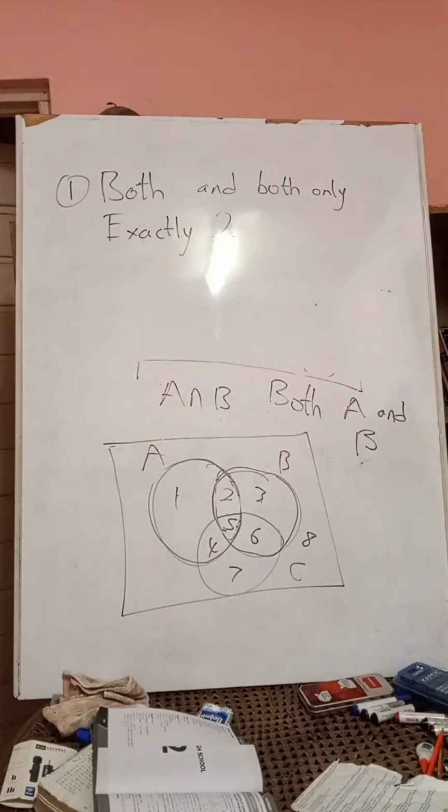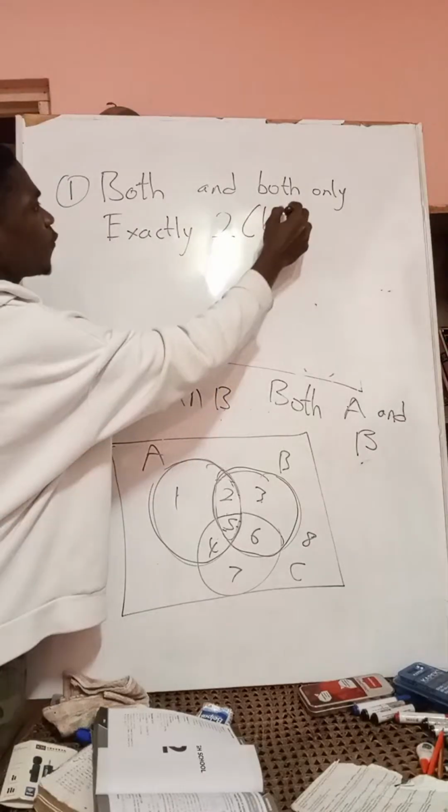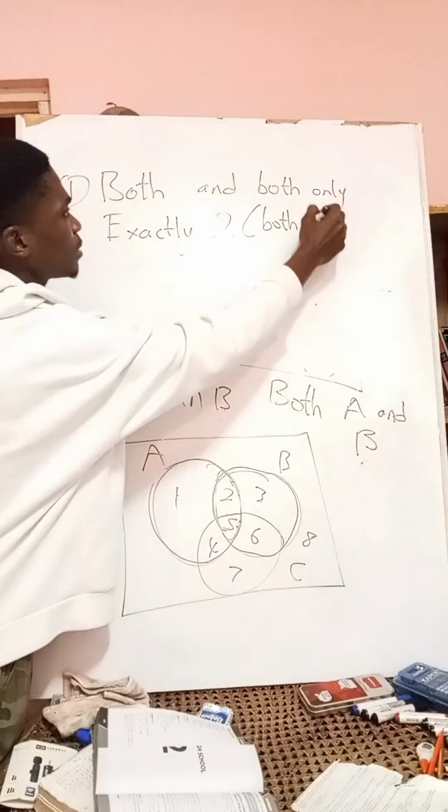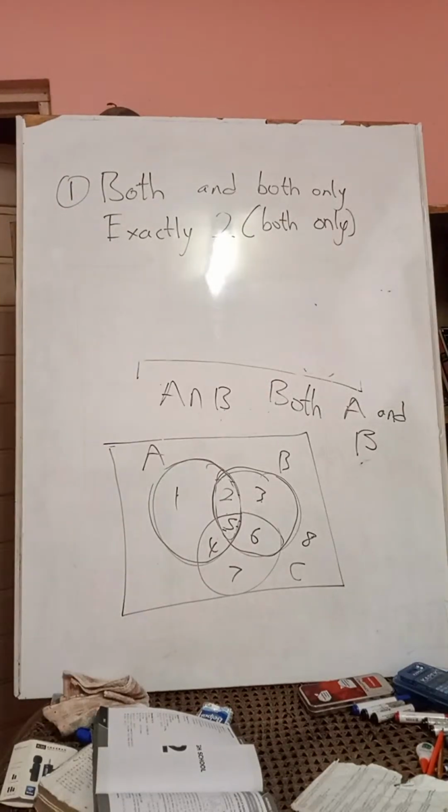They can say those who study exactly 2 subjects. Exactly 2 subjects means both only. Those who study both only, that is exactly 2 subjects.